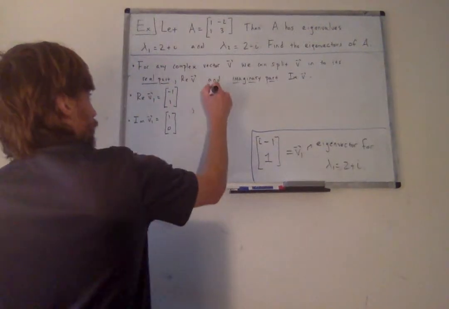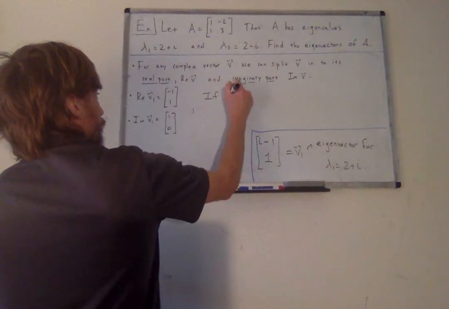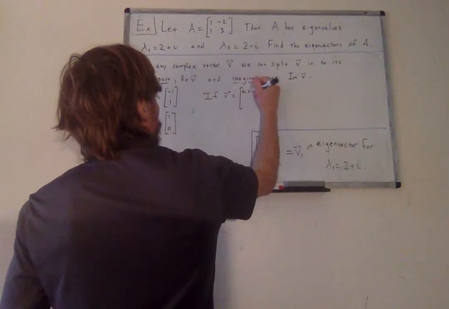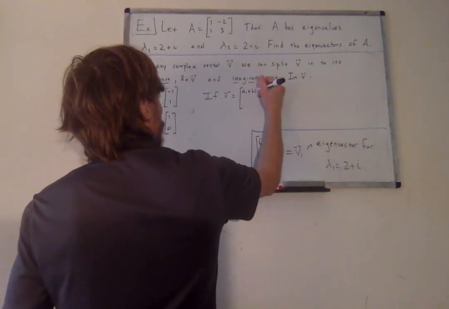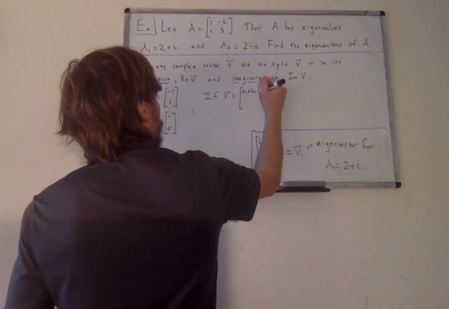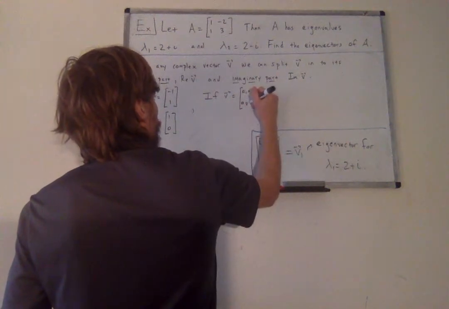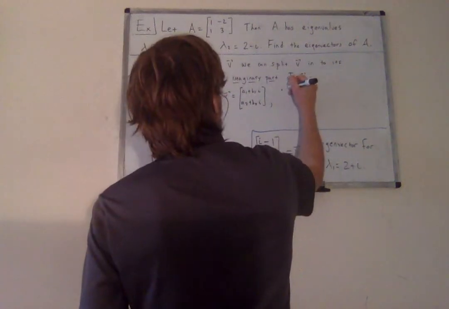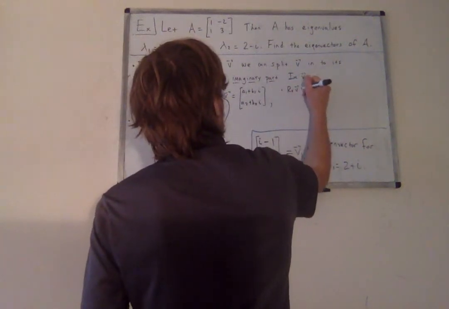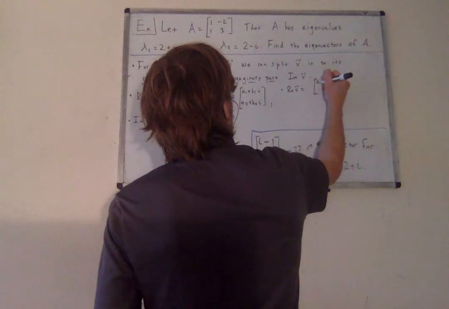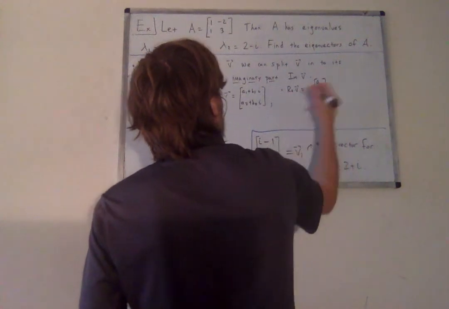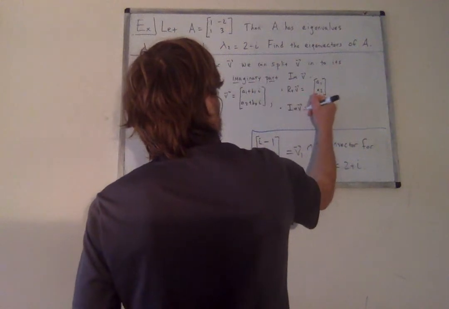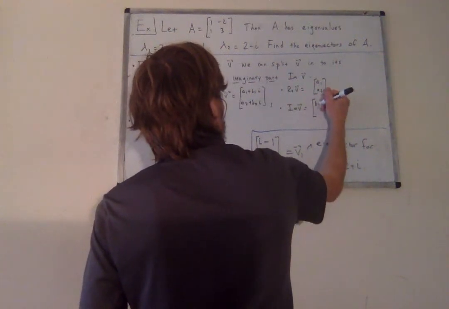Right, so in general, we'll say if v is equal to a1 plus b1i and a2 plus b2i, then the real part of v is the vector a1, a2, and the imaginary part of v is the vector b1, b2.